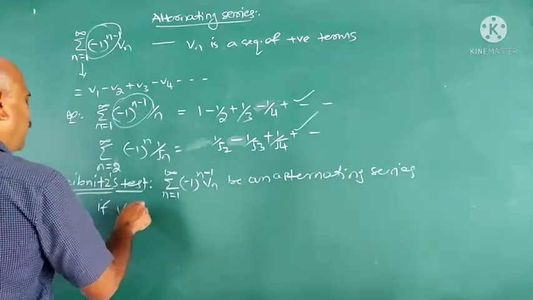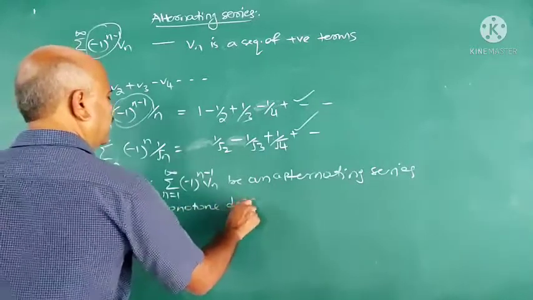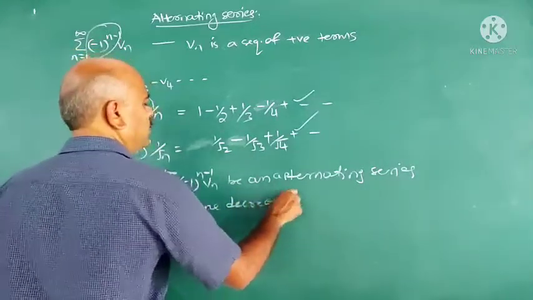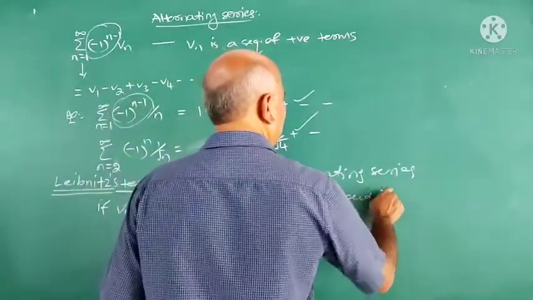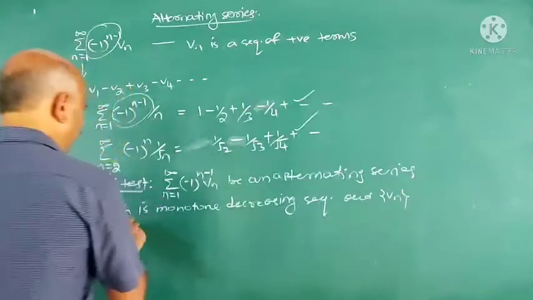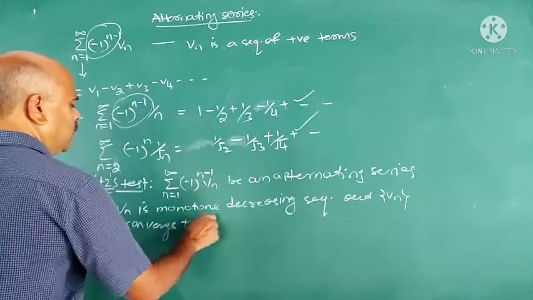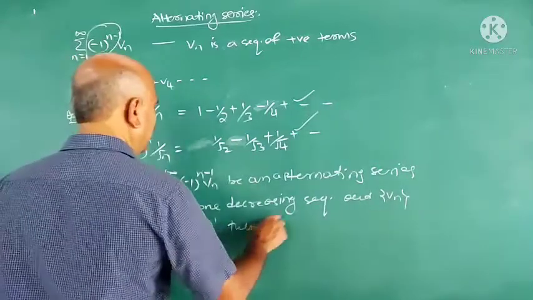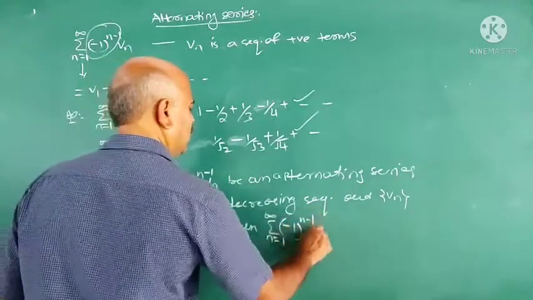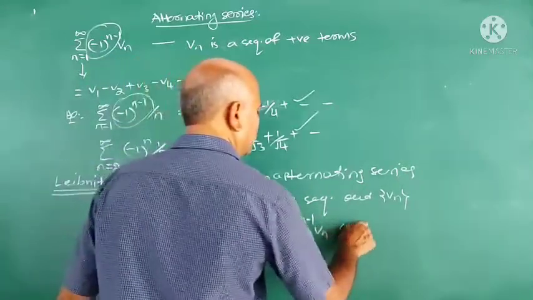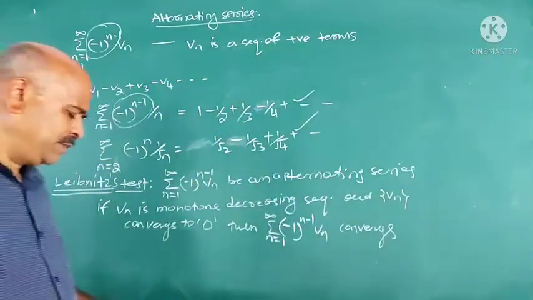If Vn is a monotone decreasing sequence, and the sequence Vn converges to 0, then sigma 1 to infinity minus 1 raised to n minus 1 Vn converges. This is called the Leibniz test.